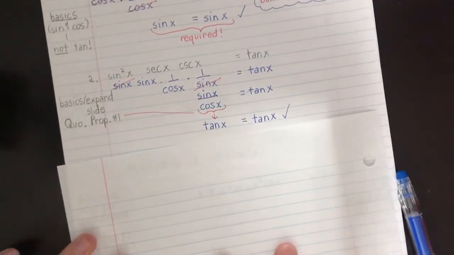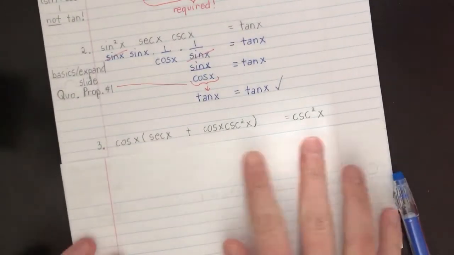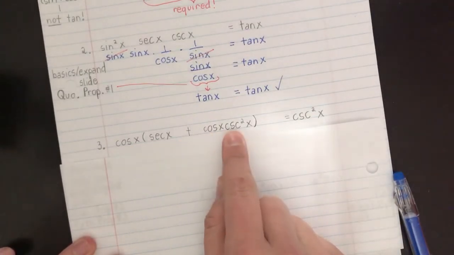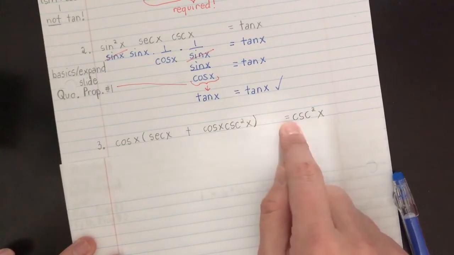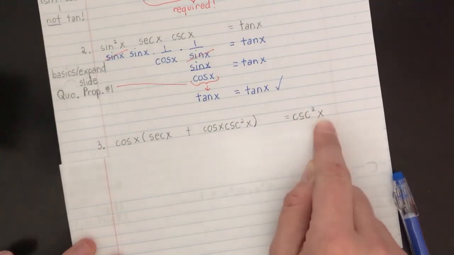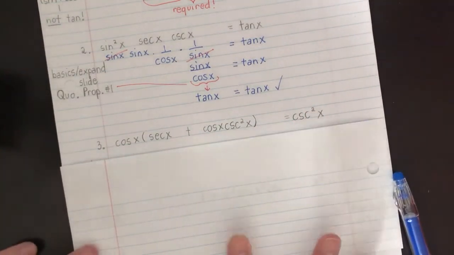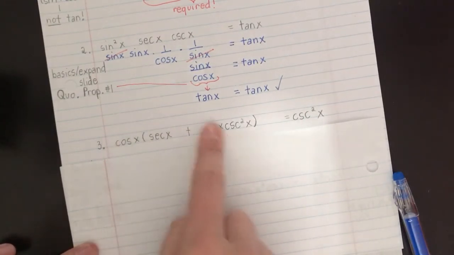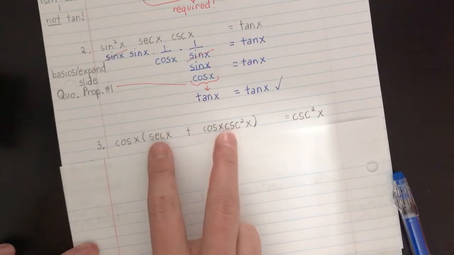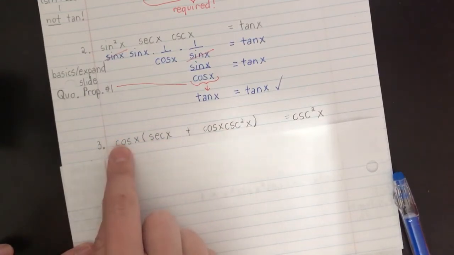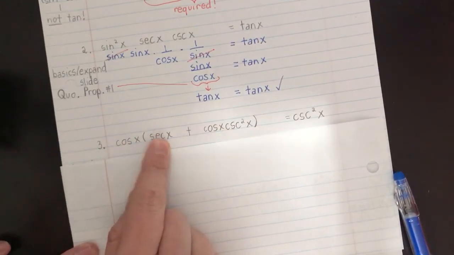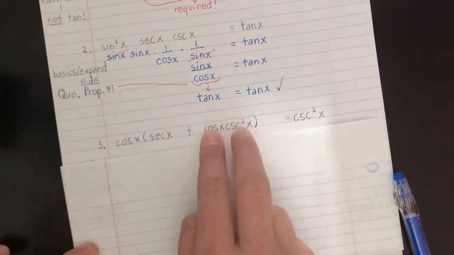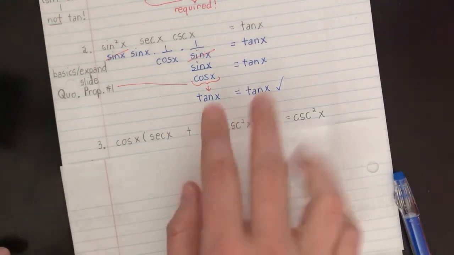All right, so now number 3, cosine of x multiplied by secant of x plus cosine of x cosecant squared of x should equal cosecant squared of x. Okay, so on this, just like you would think a normal algebra problem, you're going to want to distribute to see what this gets us. So this is 2 terms here. I want you to understand this will get multiplied by this, and then this will get multiplied by this, not twice into this, because that'd be multiplying twice into the same term.